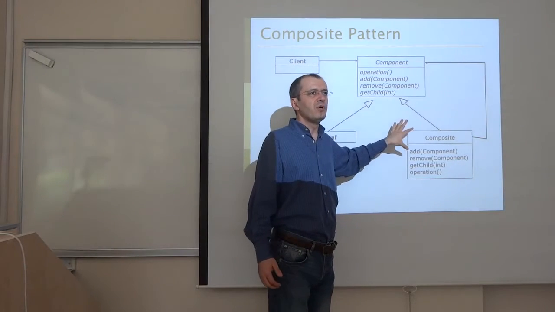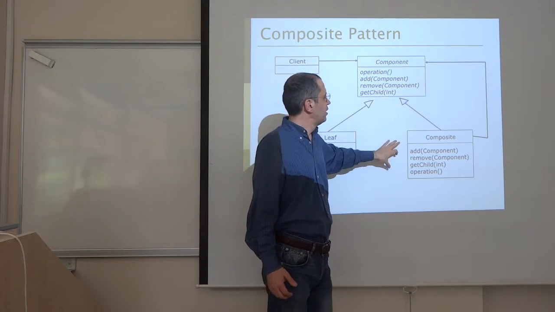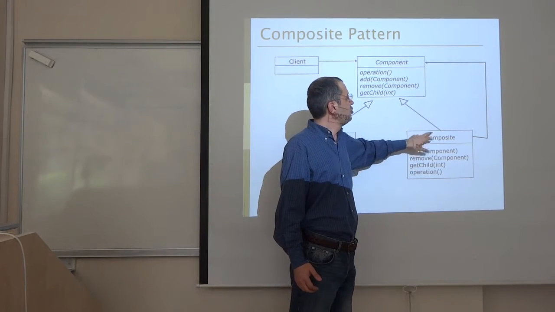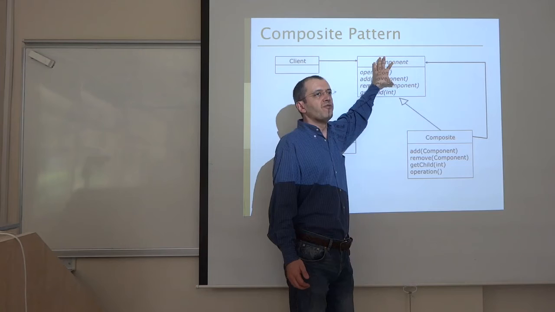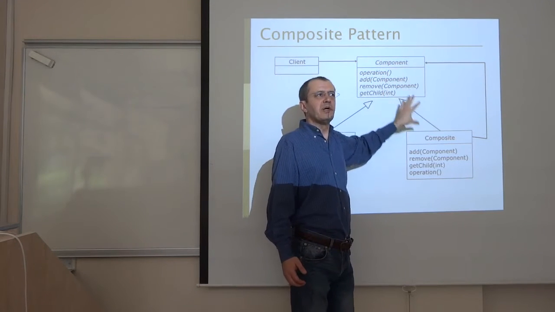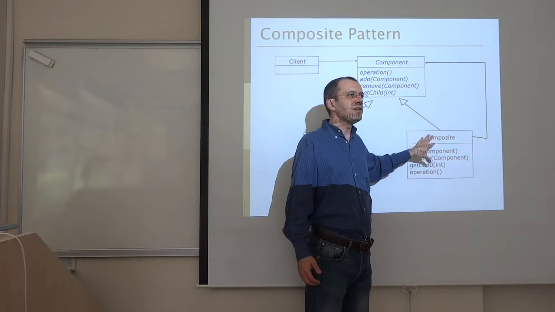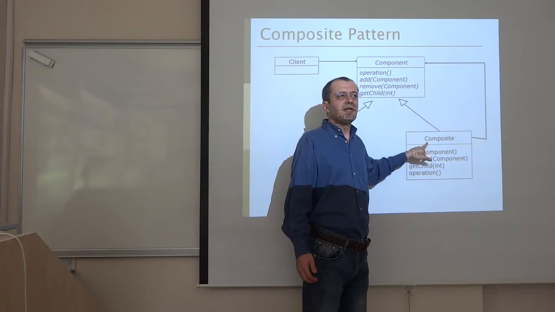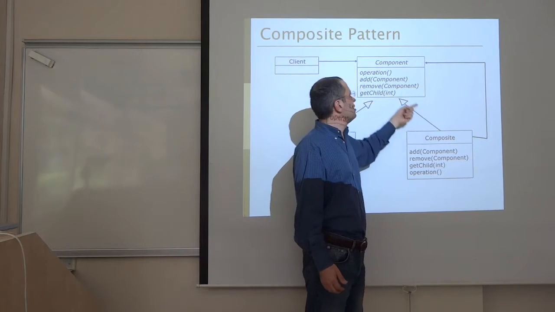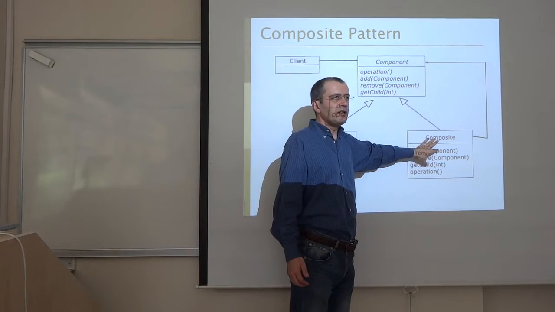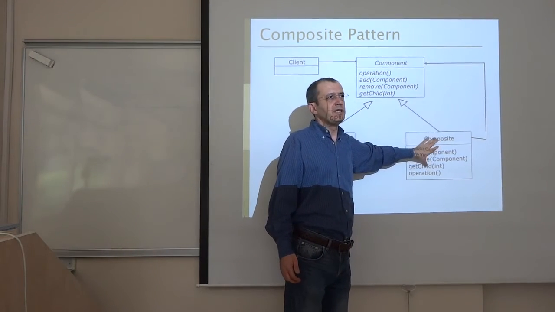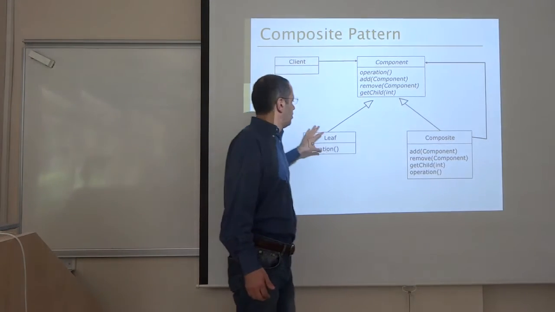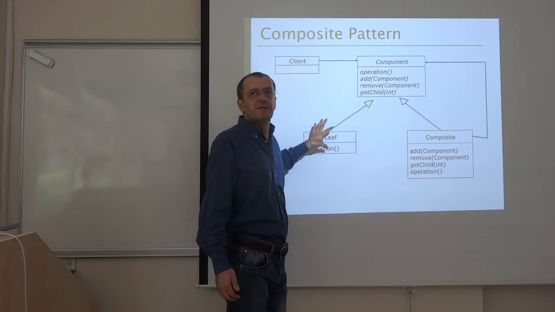And the solution to this problem was having the composite include an array of components. I will be able to keep an array of components in the composite. If I do that, then I can either keep another composite inside it, or I can keep a leaf.